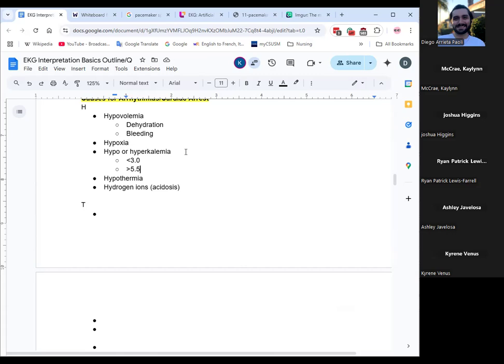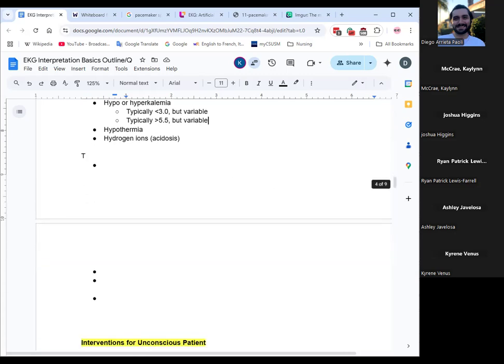You can have a bit of variance, so a 3.3 might not have any EKG changes. Likewise, I've seen weird cases where someone with a potassium of 6 point something still did not have significant EKG changes. But you're typically going to see the changes in EKG around those points.